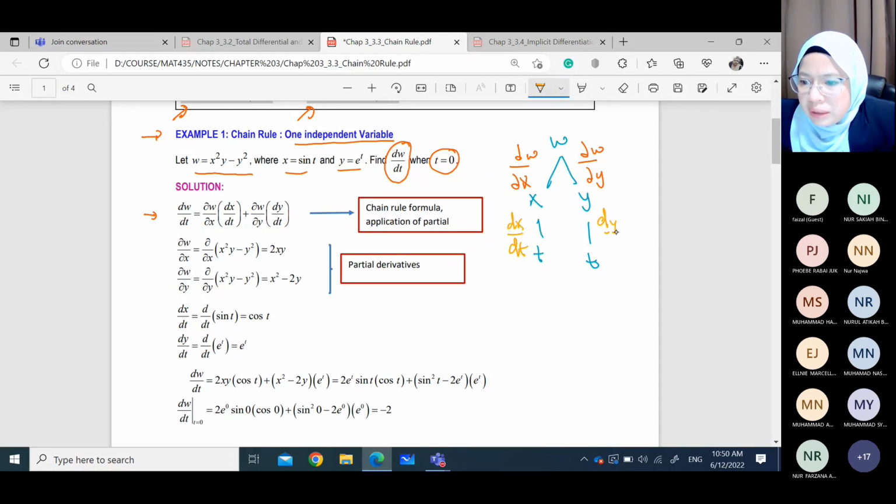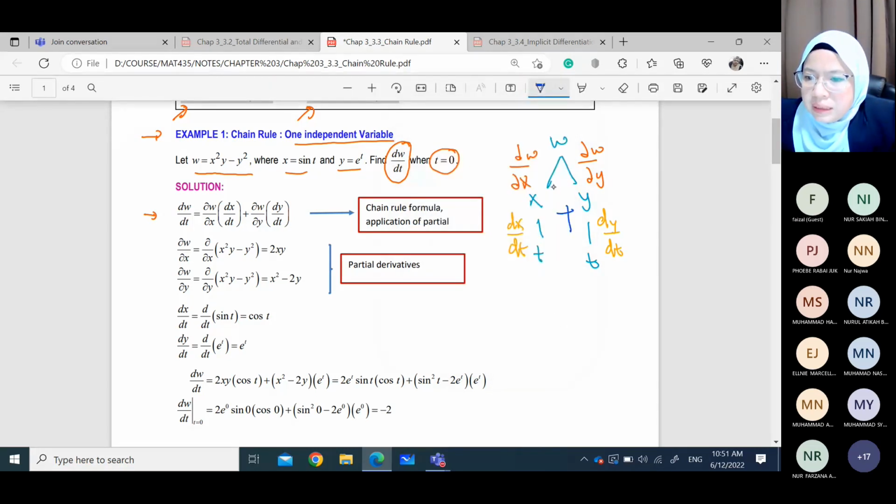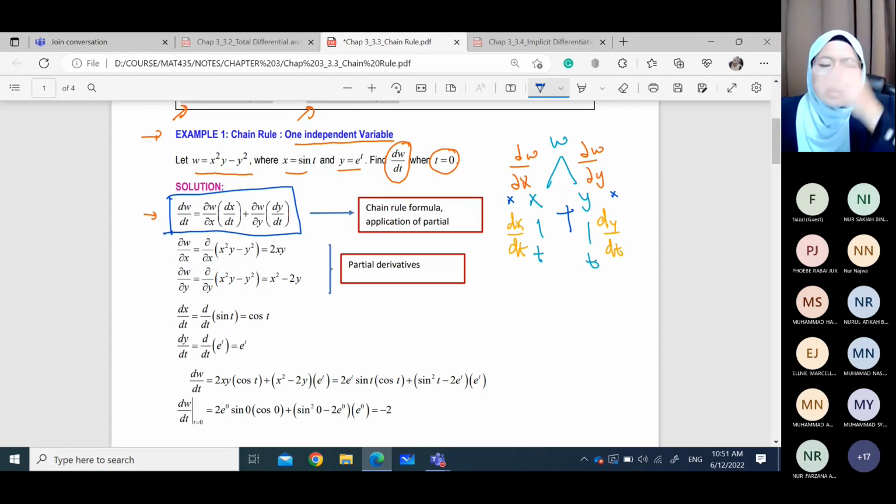Now we can find the derivative with respect to t on w by combining the left and right sides. For the first and second levels we multiply. Therefore the derivative with respect to t on w is del w del x multiplied with dx dt plus del w del y multiplied with dy dt. This is the chain rule formula.